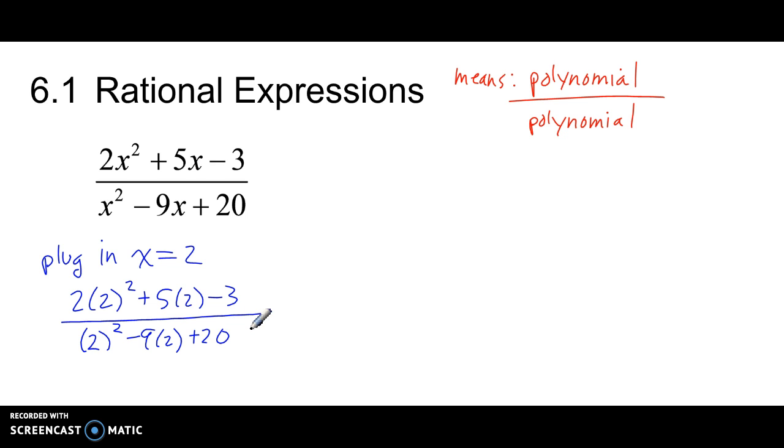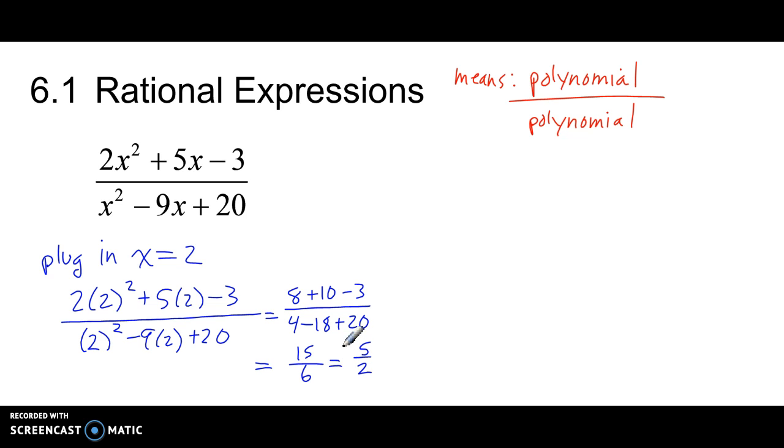So in the numerator there, we're going to have 2 squared is 4, times 2 is 8, 5 times 2 is 10, minus 3. Down here we're going to have 4, minus 18 plus 20. So let's see, 18 minus 3 is 15 in the numerator.